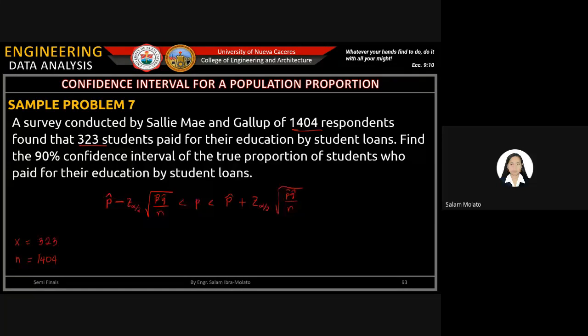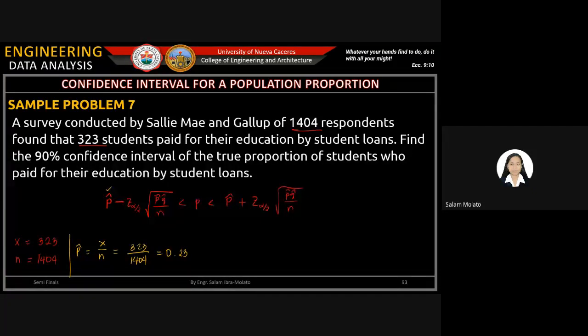So therefore, knowing these two quantities, we can compute for P hat, yung gusto nating makuha. So P hat is equal to X over N, that is equal to 323 over 1404. Please check it in your calculator. It will give you 0.23.